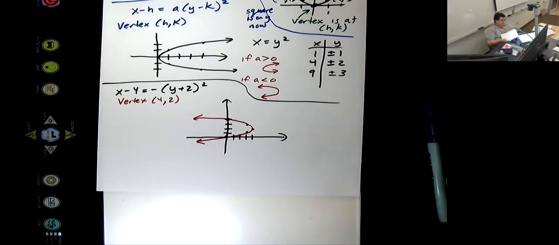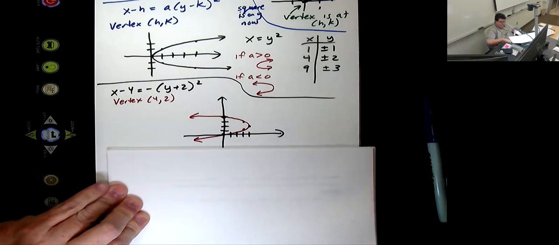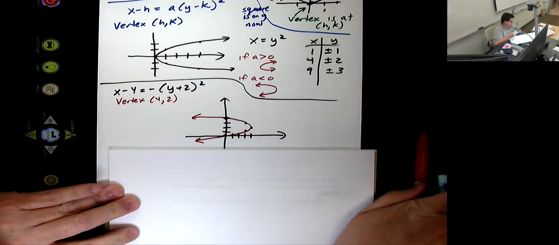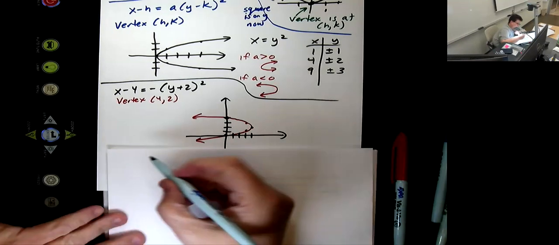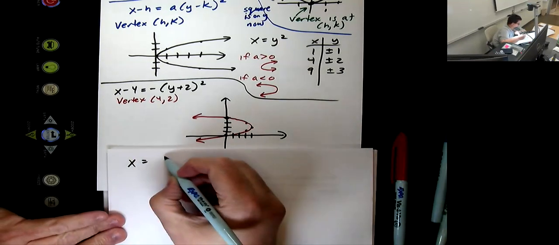Let's start a more fun one. It has a little bit of completing the square in it, because that's how I roll.